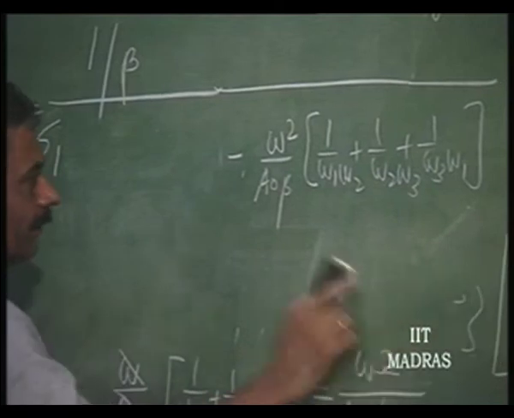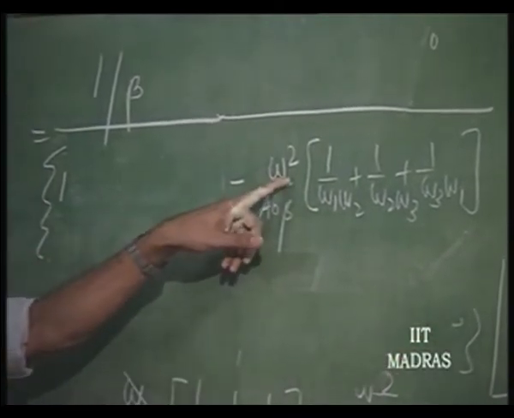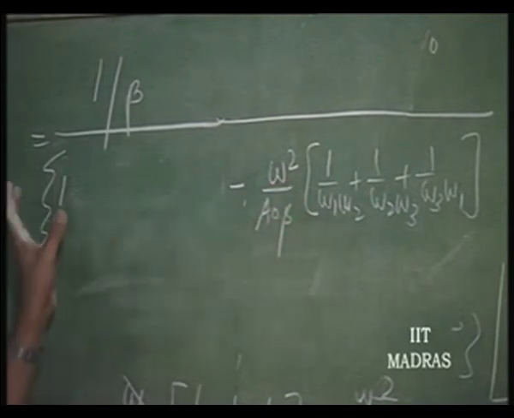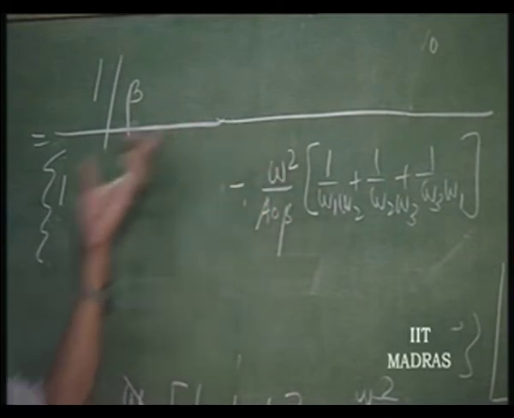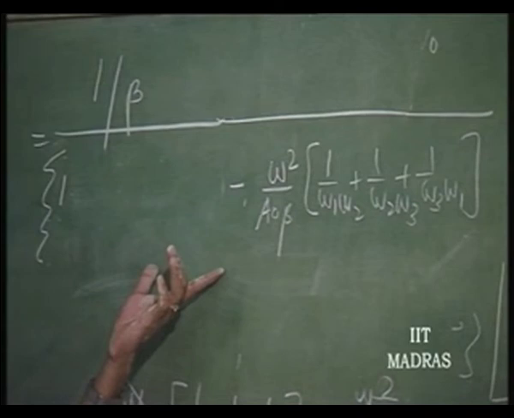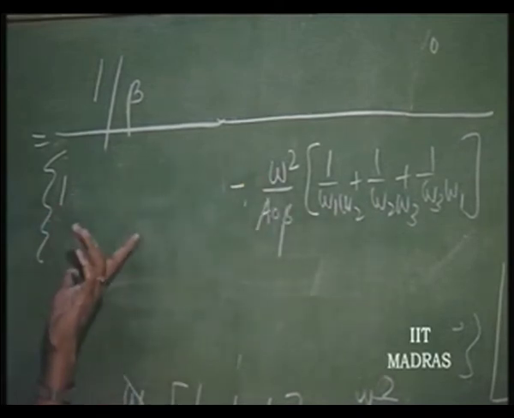this has gone, it has become purely real now, and now at this frequency omega naught square, this can become equal to this if A naught beta is not adequately low, right. So, this can become equal to this. So, if it becomes infinity, this can become equal to this, right.